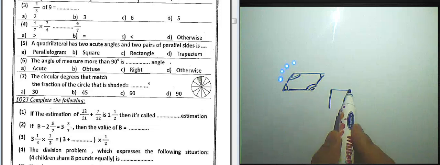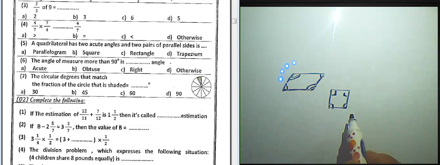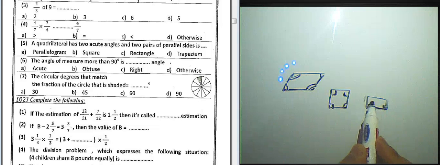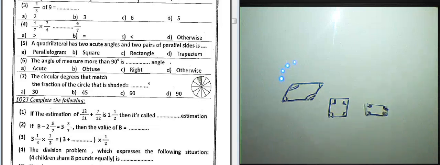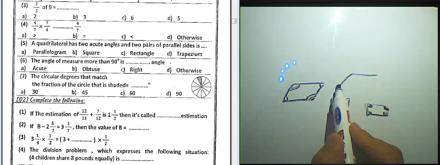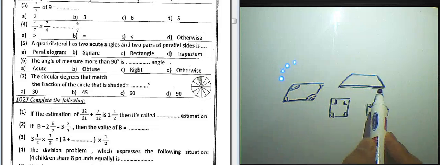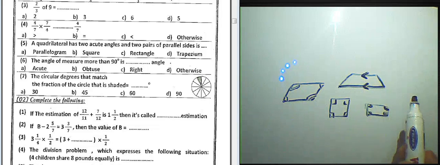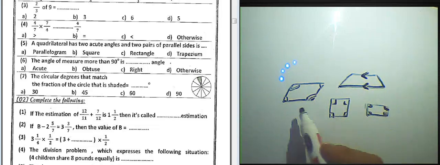But in a square and a rectangle, all angles are right angles. In a trapezium, we have only 1 pair of parallel sides, but he asked about 2 pairs, so you must choose parallelogram. Letter A.